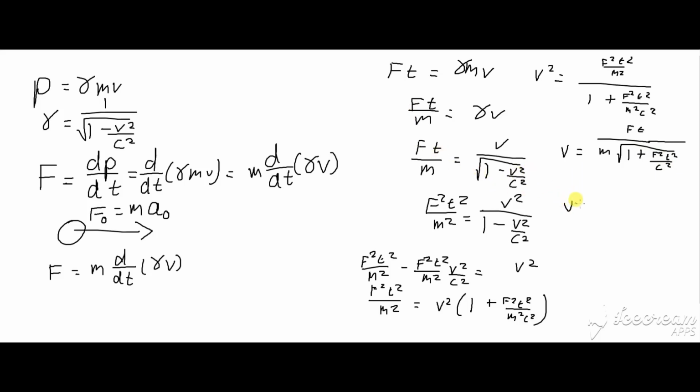And then, since you could rewrite m as root m squared, you end up with our final expression, v equals ft on root m squared plus, oh, I put the m squared here, m squared plus f squared t squared on c squared. And you can see the m cancelled out with the m squared, cancelled out the m squared on f squared t squared on c squared. So we've got this final expression right here.